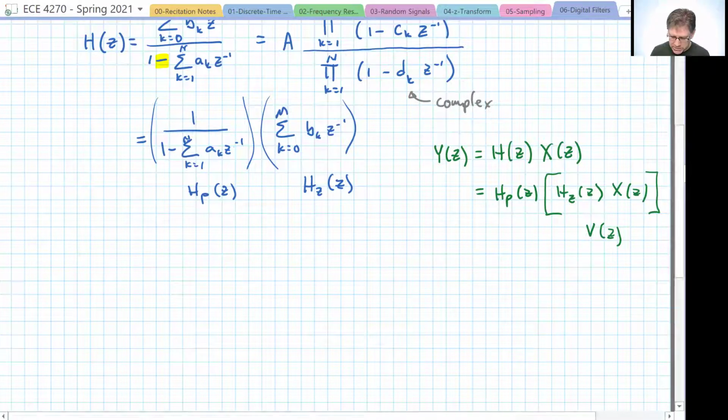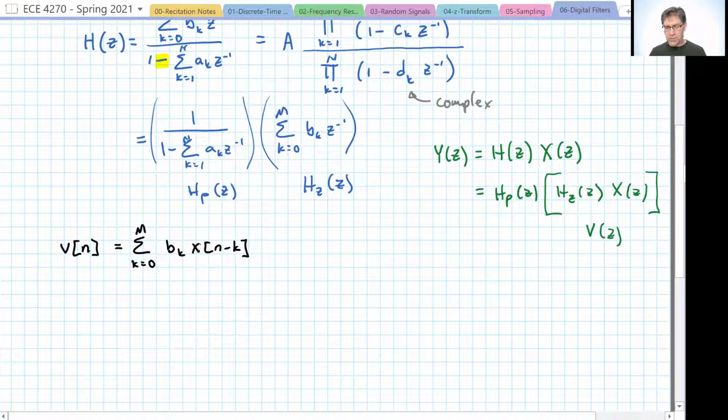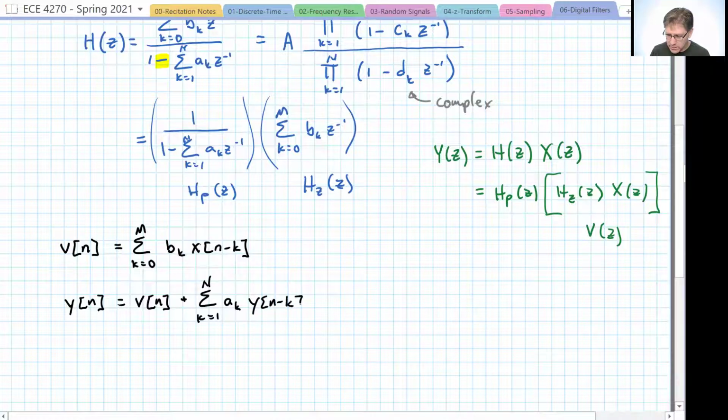So let's follow up on that just a bit. This would give us a v[n] associated with our V(z) that is just equal to the filtered version of our input with our feed forward filter with our b_k terms, and then the output y is just the filtered version of v, which would be v[n] plus the sum from k equals 1 to N of a_k y[n minus k].